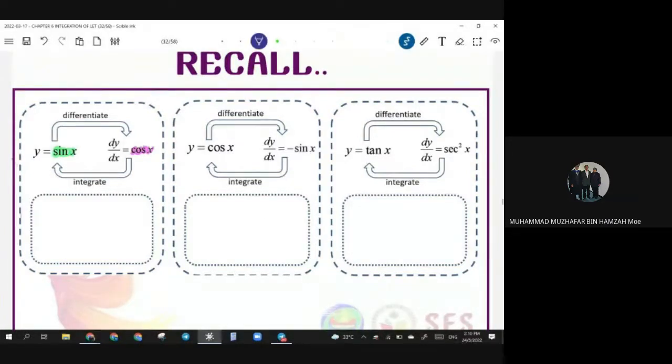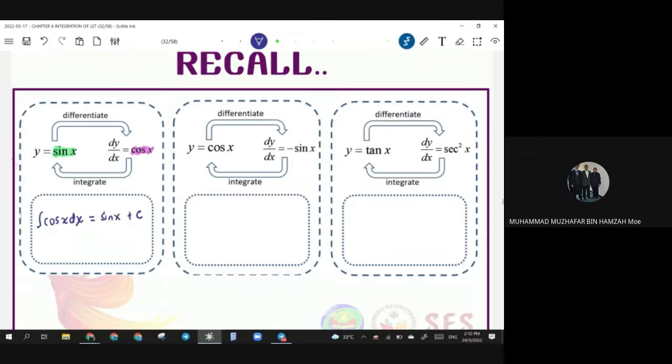So basically the first knowledge of integration of Trigo is that when we integrate cos x dx, we should obtain sine x plus c, right?